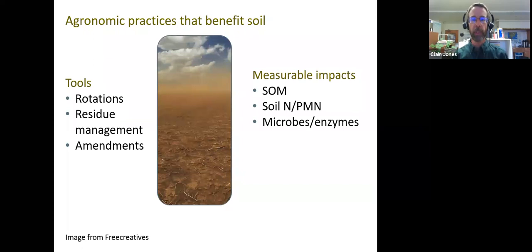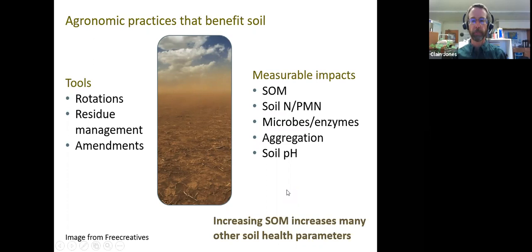Measurable impacts would include microbes and soil microbial enzymes, and the process of aggregation, where small bits of soil clump together to form larger aggregates, which are generally a good thing for soil. They prevent erosion, like shown here in the photo. Soil pH. And again, increasing soil organic matter increases many other soil health parameters.